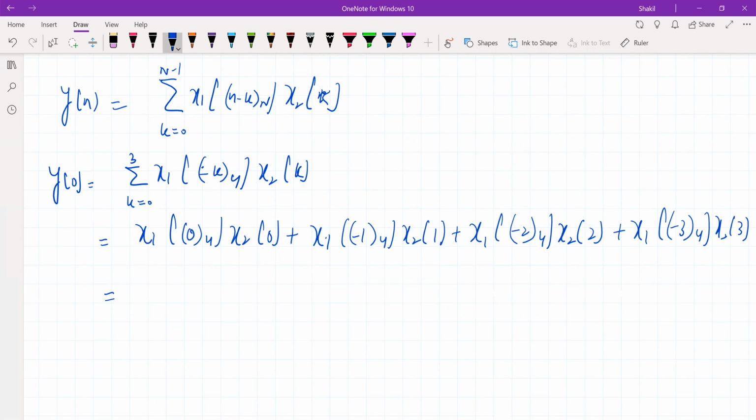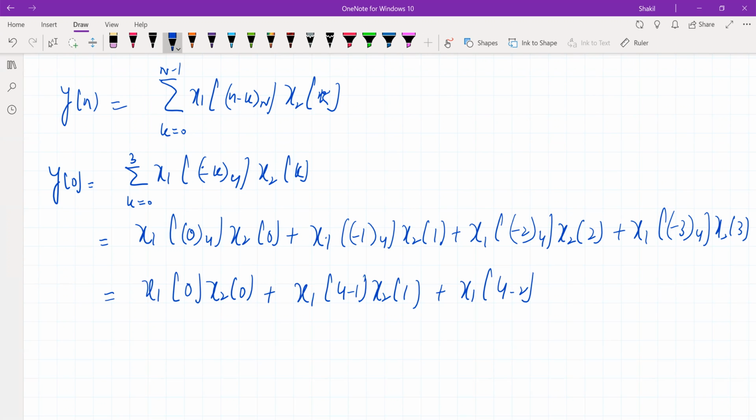Now, in the previous session, if you remember, 0 modulo 4 is 0, so you don't need to do anything about this. For minus 1 modulo 4, to evaluate this modulo operation, simply add 4 to it, so this will be 4 minus 1, that is 3. Similarly, minus 2 modulo 4 is 4 minus 2, that is 2, and minus 3 modulo 4, simply add 4, that is 1.